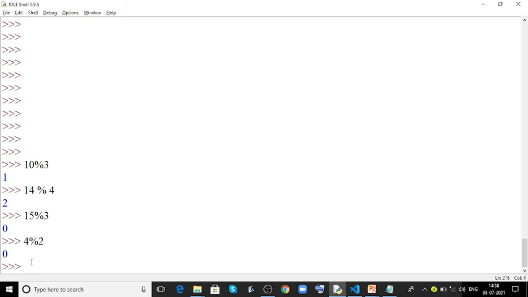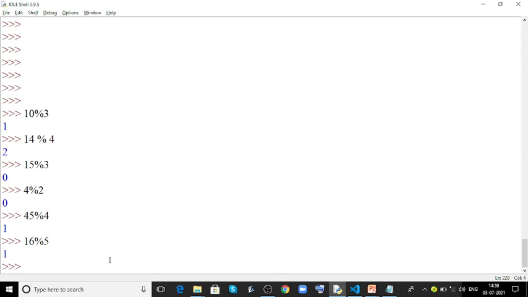Now take the modulus operator. 5 modulus 4. What is the answer? It will give the remainder value. 1, because the remainder is 1. If you have any problem, take a copy and pen and divide.